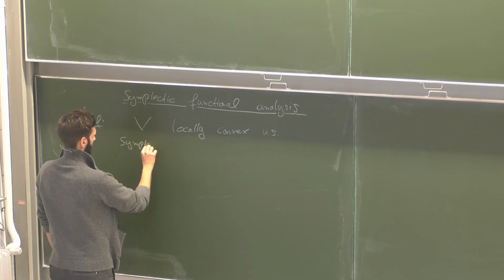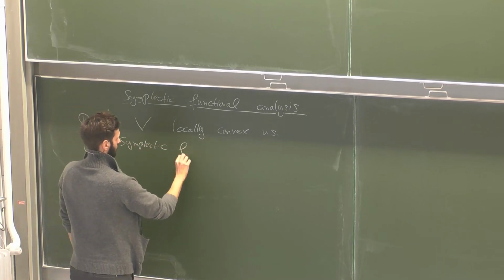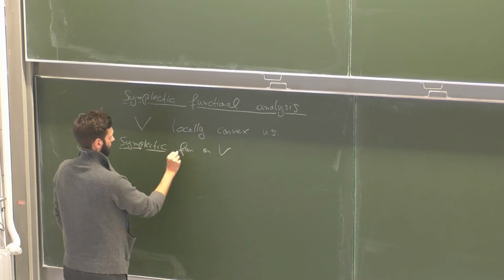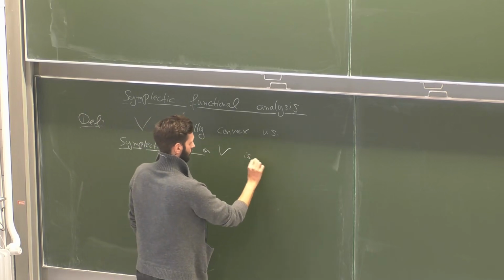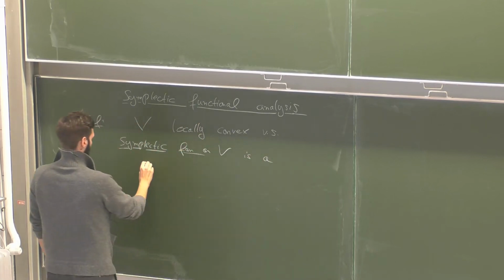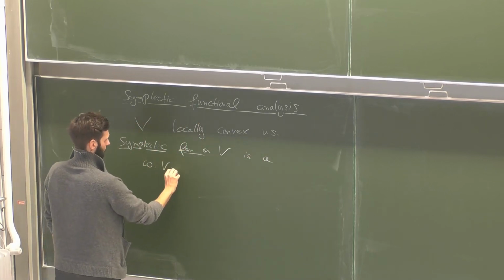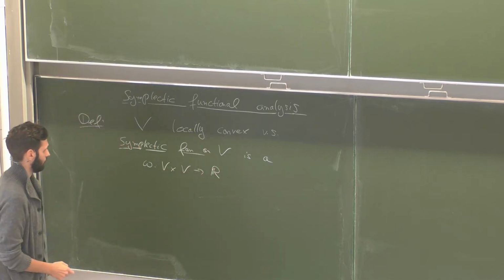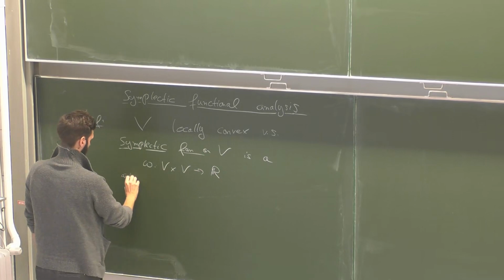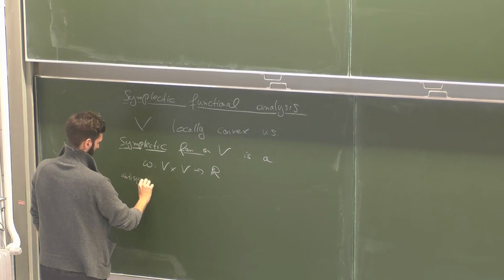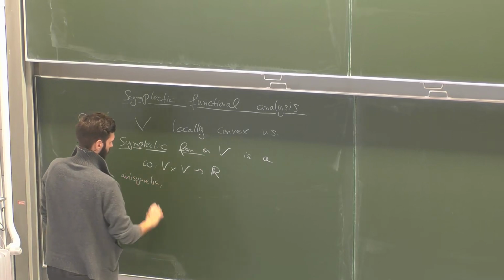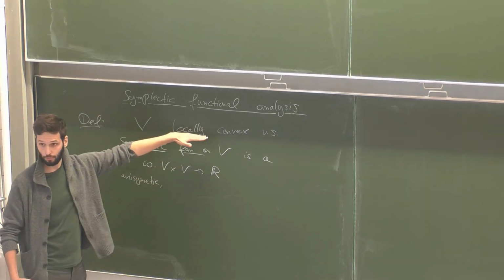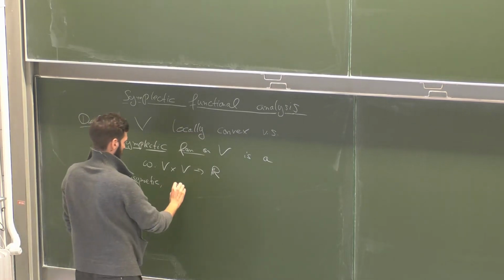A symplectic form on V is an antisymmetric form on V cross V into the real numbers. So it's antisymmetric, and we assume that it's jointly continuous with respect to the original topology that we put on there.